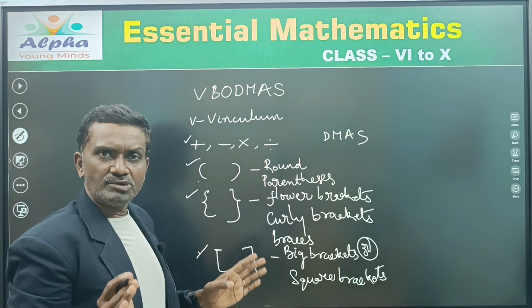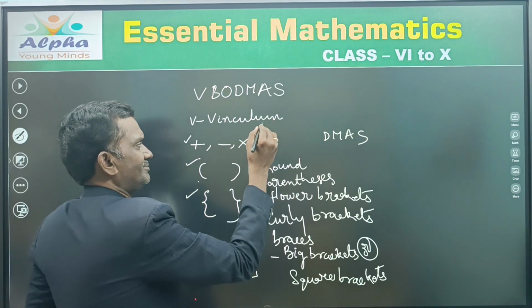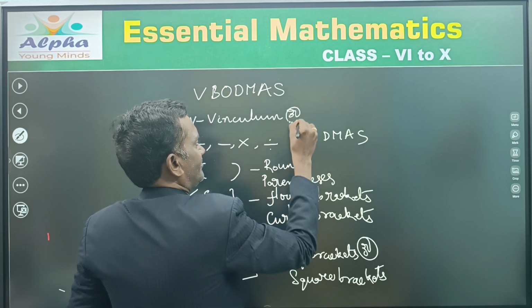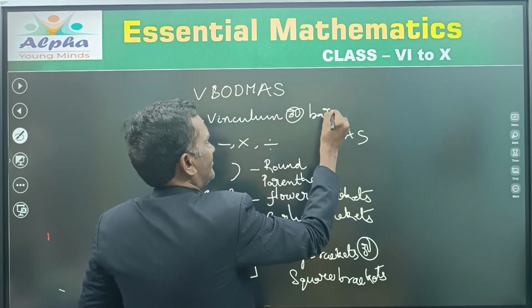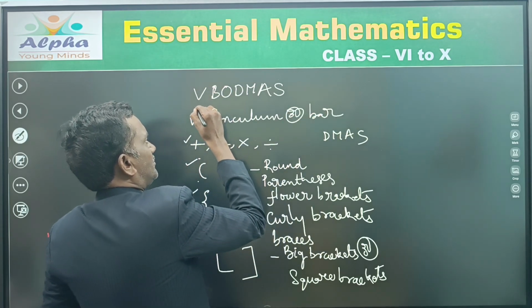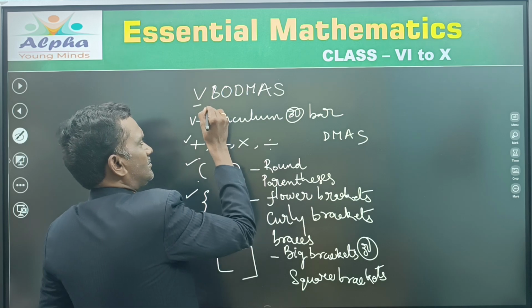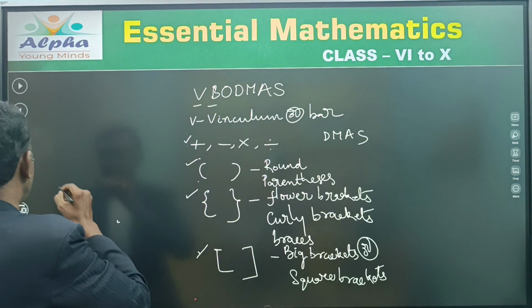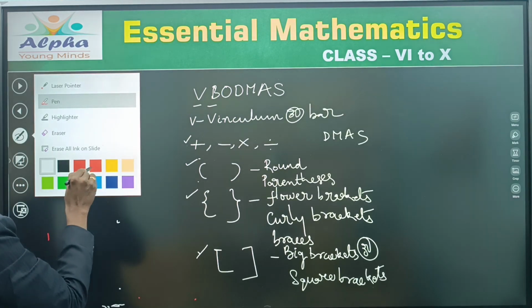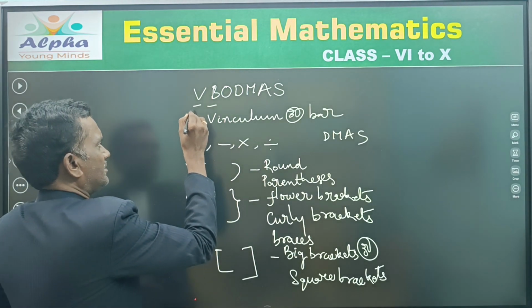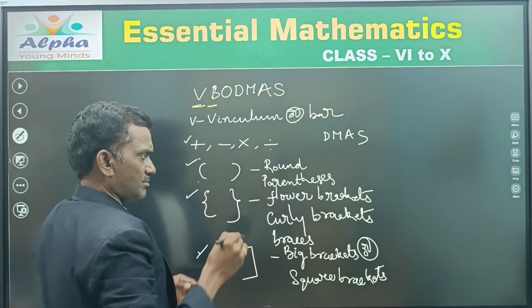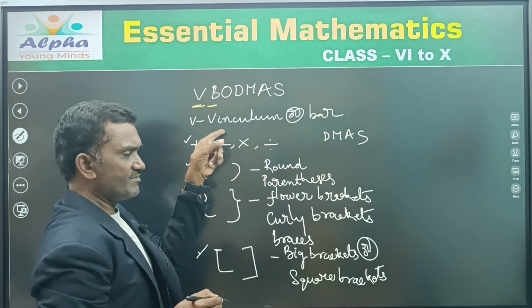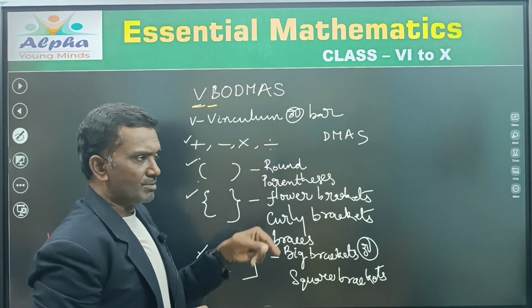We are habituated to call it a bar. B stands for bracket. Already V stands for vinculum. I told you vinculum or bar.